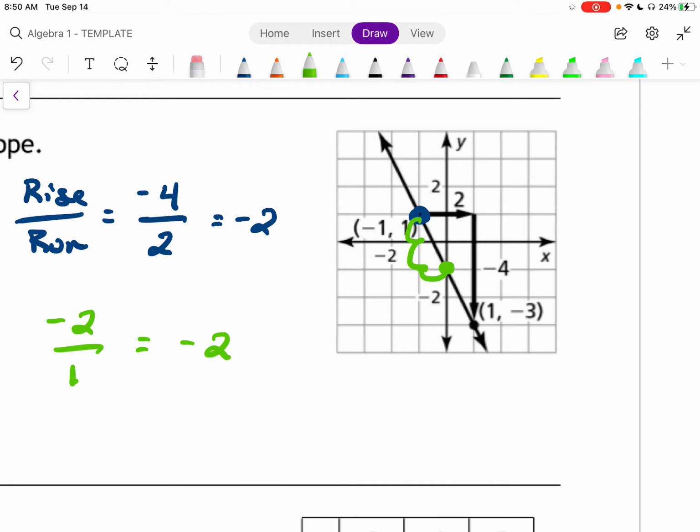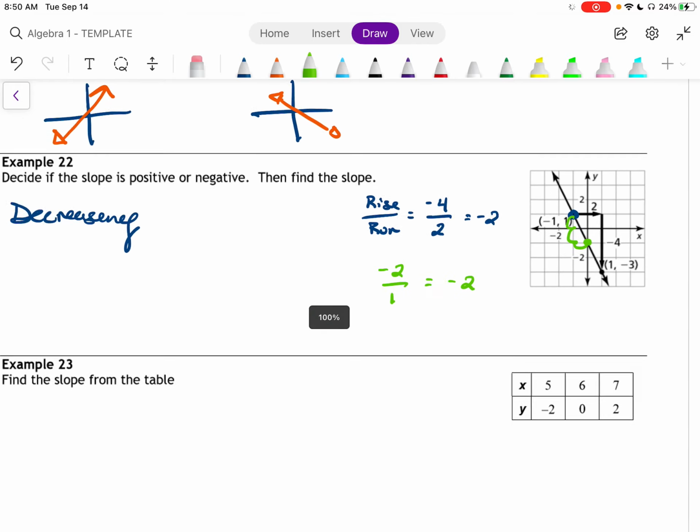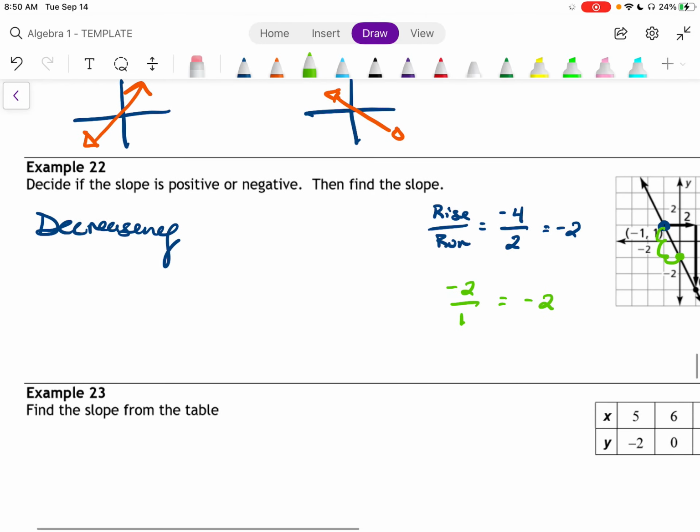A lot of the times you want to find 2 points that are perfectly on the grid, and you normally want them to be close together. So a lot of times you want to do it like how I did the green one, where they're really close together. It just saves a little bit of work. So our slope, m equals -2, right? It's a negative slope and it is decreasing.